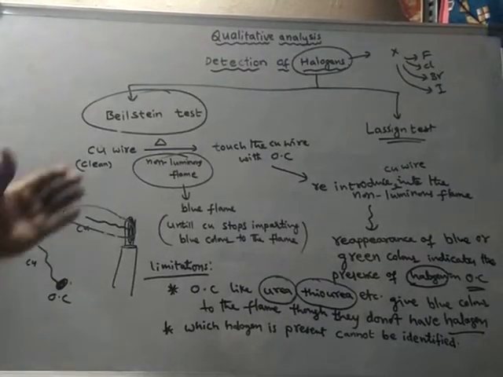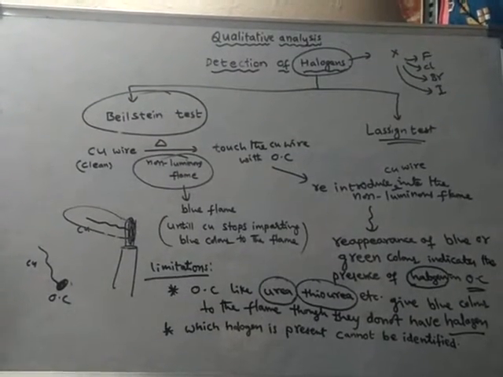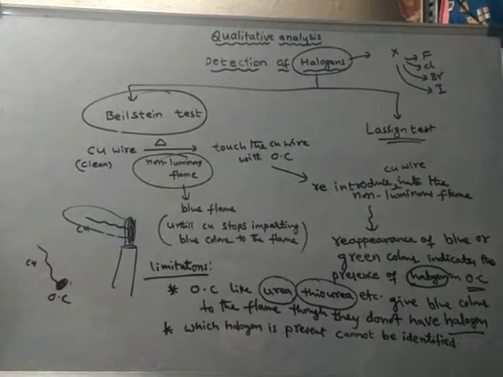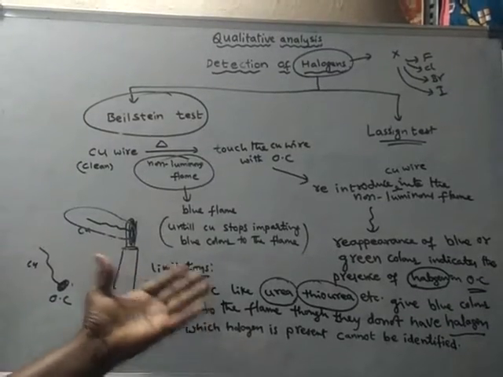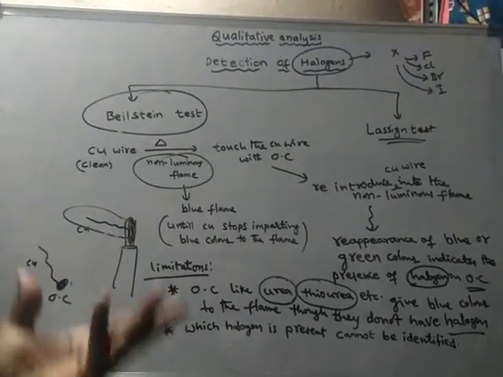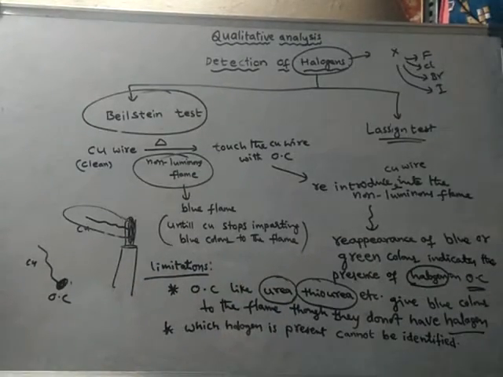So this Beilstein test cannot work perfectly to detect halogens, because some organic compounds give a positive Beilstein test even though they do not have halogen.